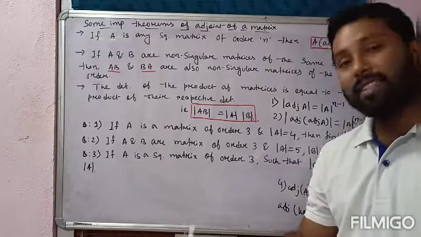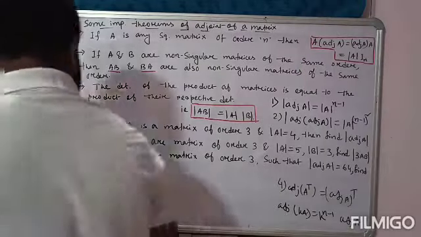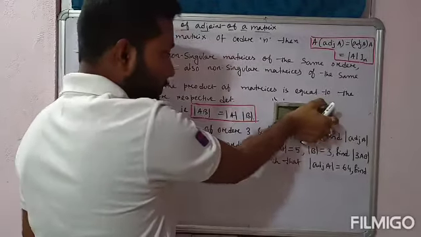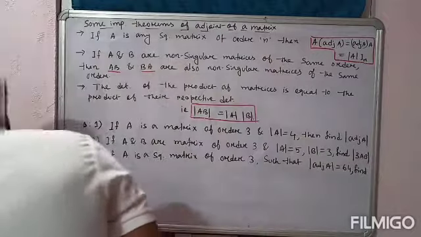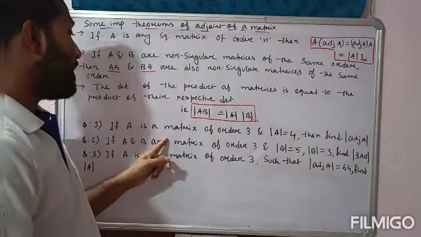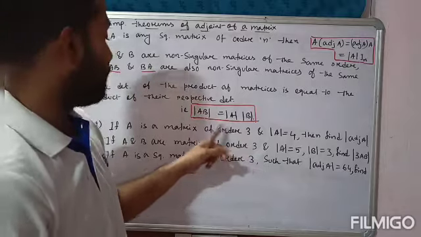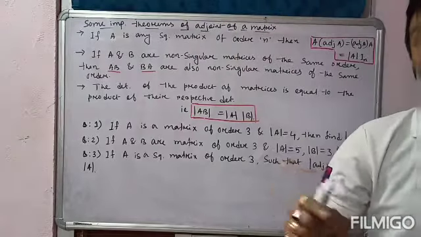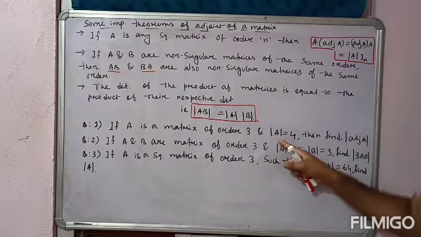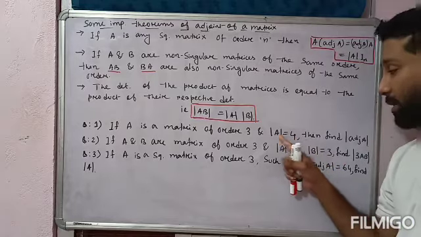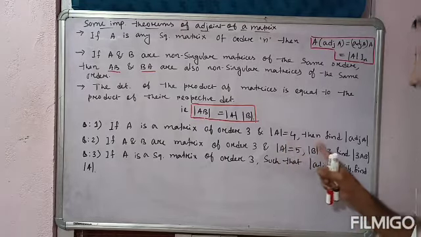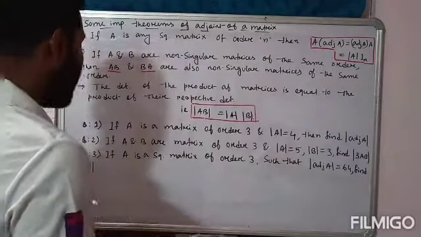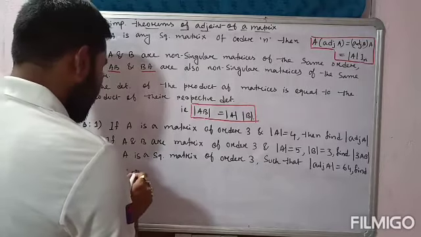Now I am going to discuss some numericals related to these properties. The first question is: if A is a square matrix of order 3, and determinant of A is equal to 4, then find the value of determinant of adjoint A. Solution number 1.